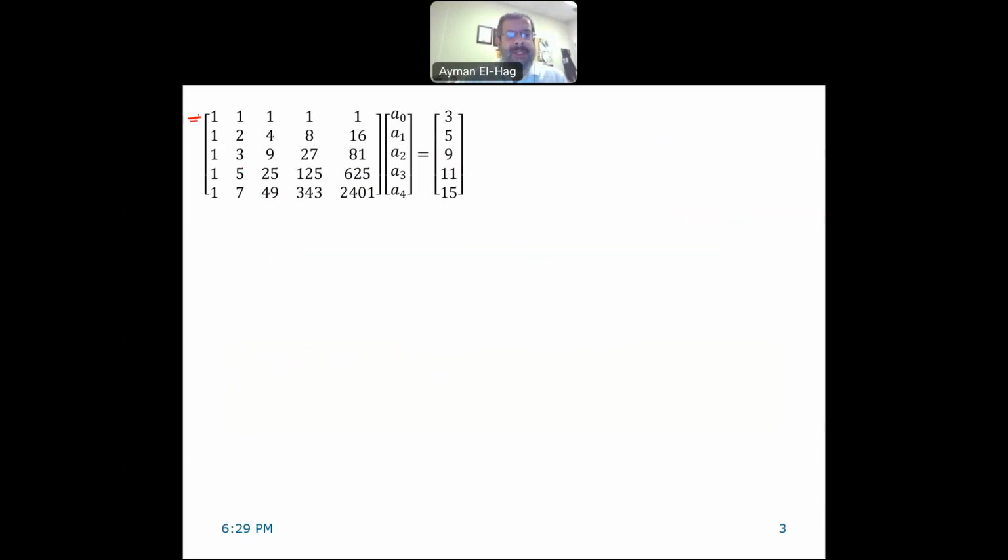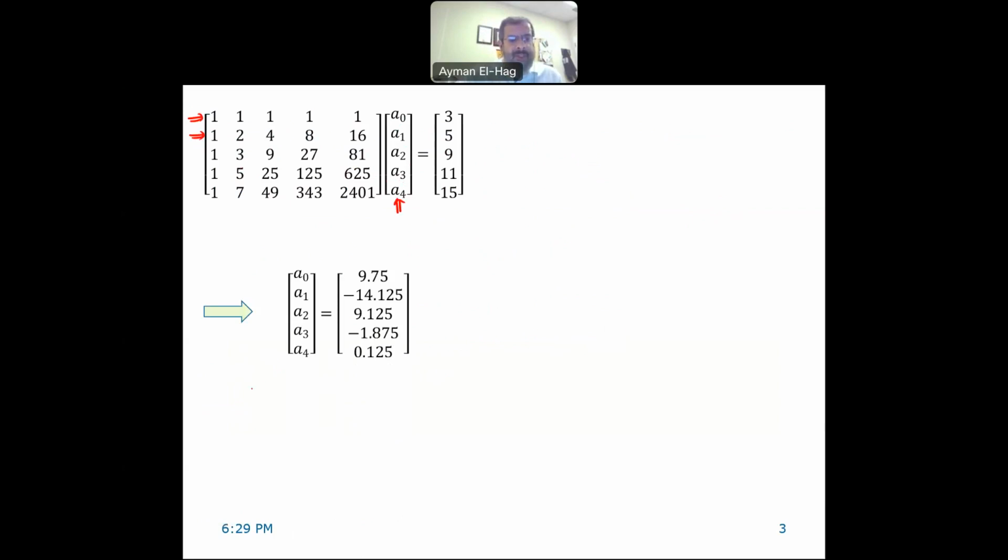So this is our first equation, this is our second equation, and we need to solve for this vector a0 to a4. Here we can use, for example, the technique that we mentioned before, which is Gaussian elimination, to solve for that. And once we solve, we get the coefficients.